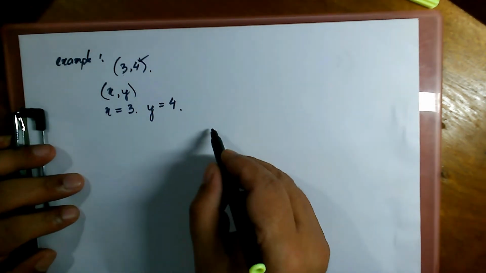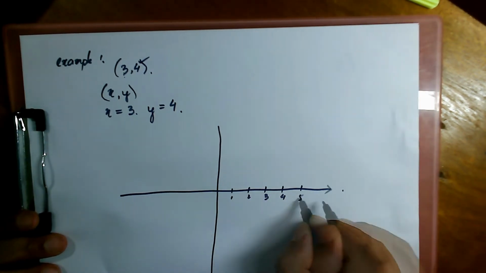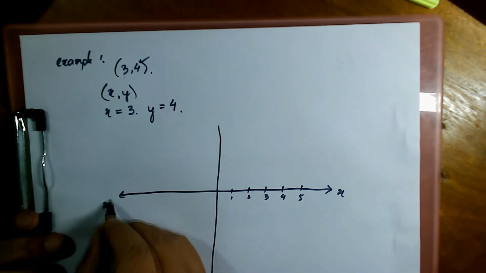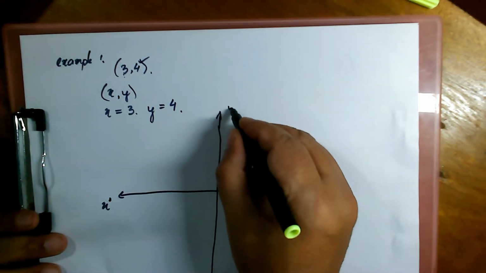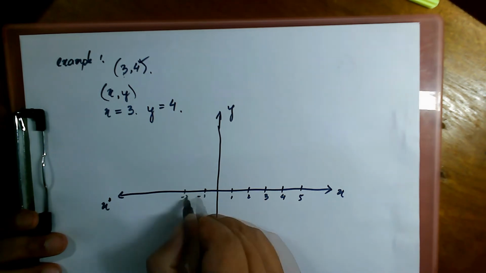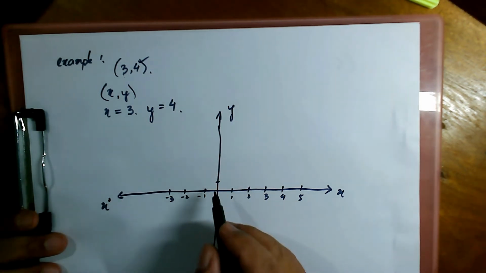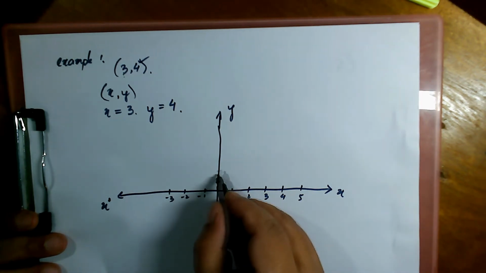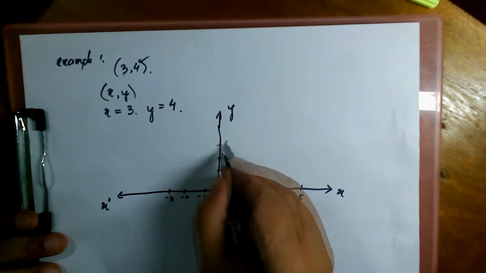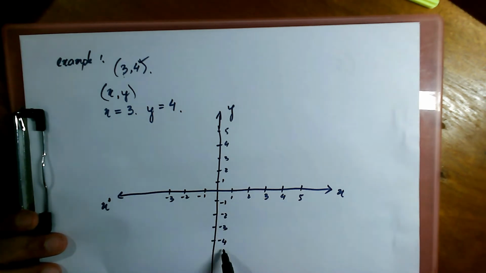So in the Cartesian plane, this is the x axis, 1 2 3 4 5, and this is the y axis, with negative values 1 2 3 below. The horizontal line is perpendicular to the vertical line, with positive 1 2 3 4 5 and the outside negative 2 3 4 5.